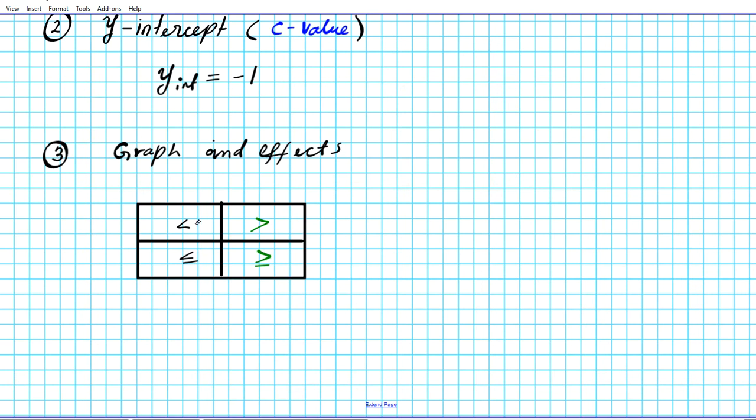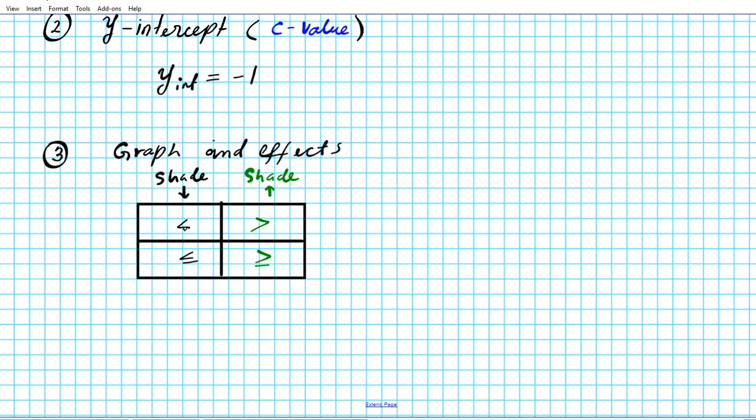Now, if your inequality is less than or equal to, you're going to shade downwards, shade underneath the vertex and around the region of the parabolic function that's underneath the vertex. If you have greater than or equal to, you're going to shade in the direction above the vertex and every region in that area above the vertex.